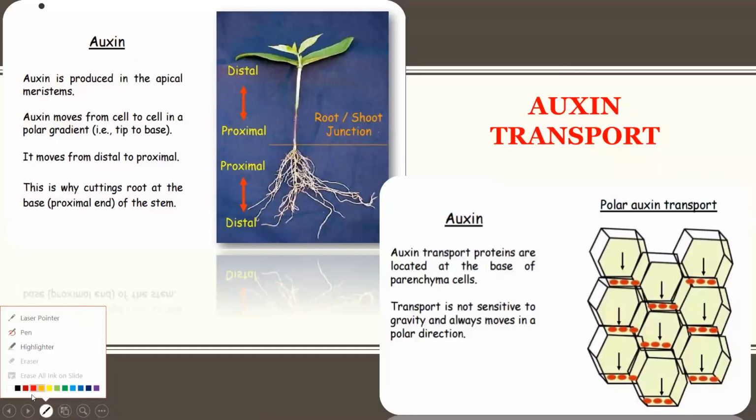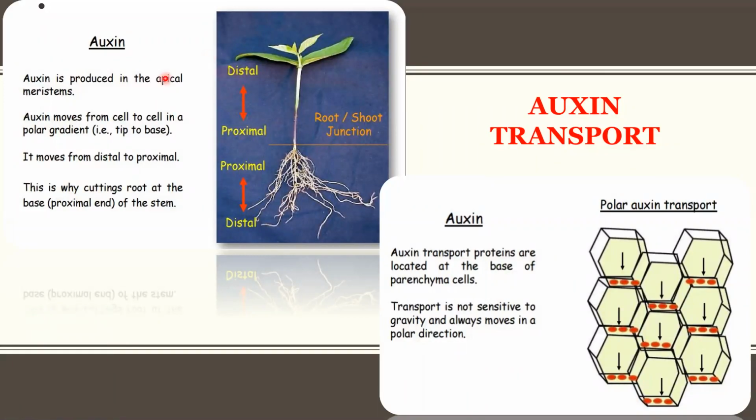So now we will look at the polar transport of auxin. Auxin is produced at the apical meristem. As we know, auxin is always produced at the apical meristem, either in the shoot meristem or in the root meristem. Auxin moves from one cell to another by polar gradient, which means from the tip to the base.